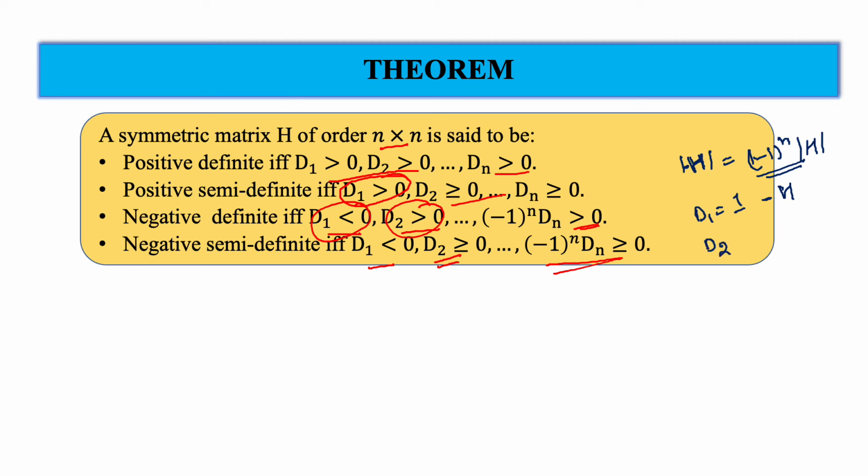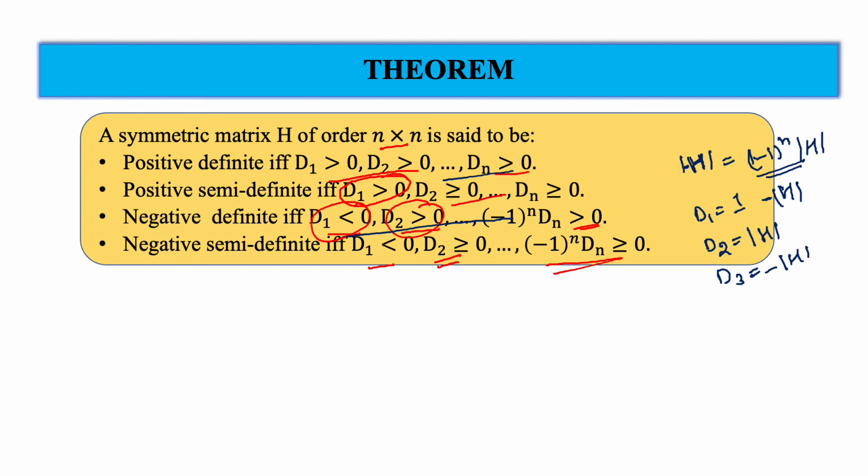D2 is of order 2, you put 2, so the determinant is positive. Similarly for D3, when you substitute n equals 3, it again becomes negative, and so on. So you can conclude that if positive definite means all the leading principal minors are strictly greater than 0, then for negative definite we have alternating signs.